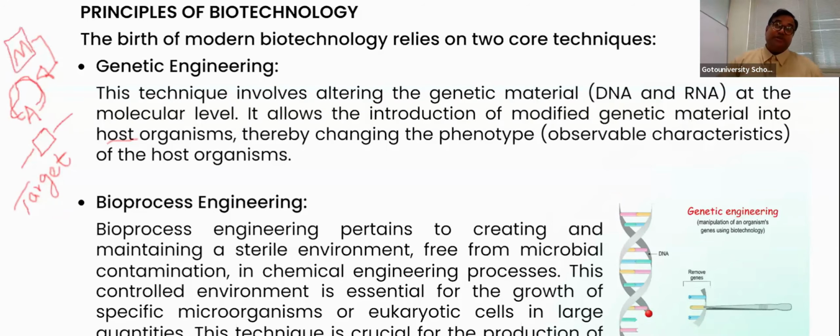By using microorganism DNA, I am introducing the target gene A into the target DNA or host DNA, and I'm making the host DNA synthesize the valuable components by using the A gene. That is the main advantage of genetic engineering, which is a part of biotechnology, right?